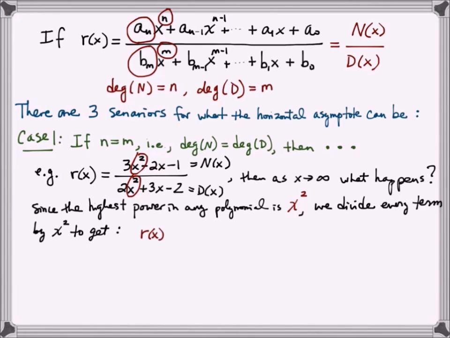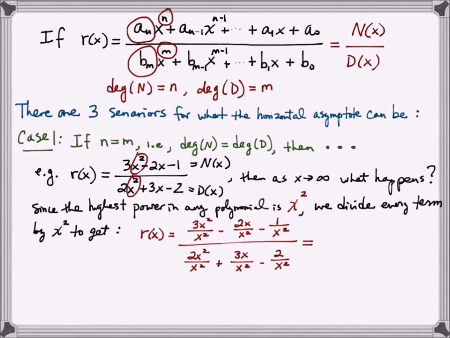And if we do that, we get r of x equals 3x squared divided by x squared minus 2x divided by x squared minus 1 over x squared, all divided by 2x squared divided by x squared plus 3x over x squared minus 2 over x squared.